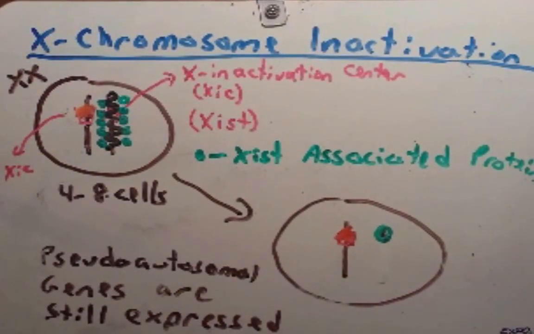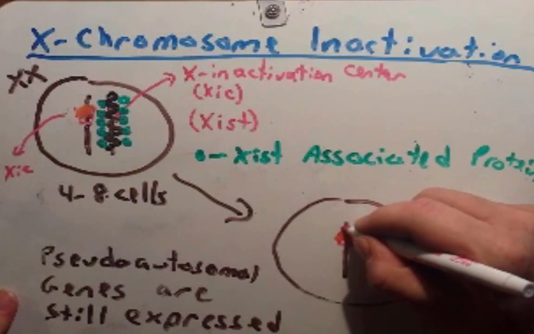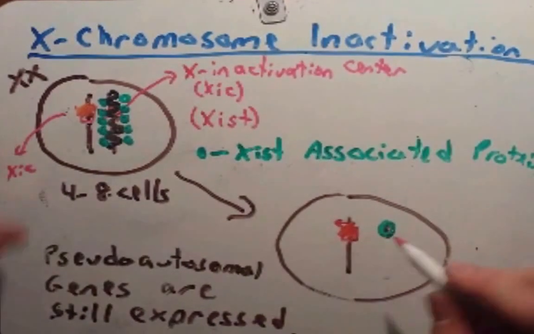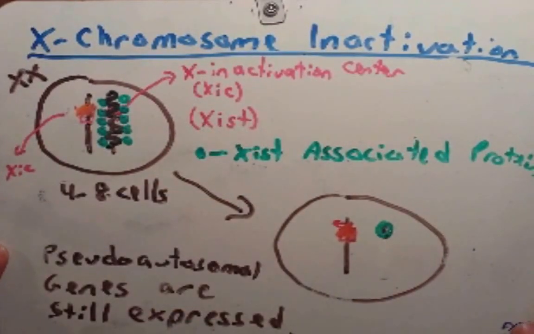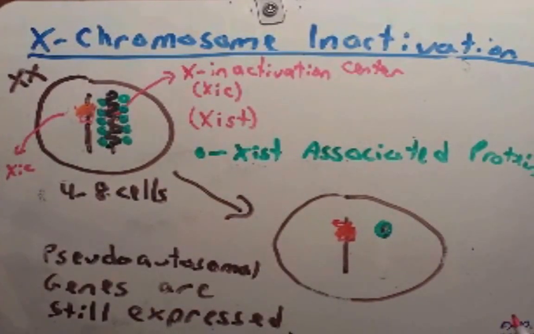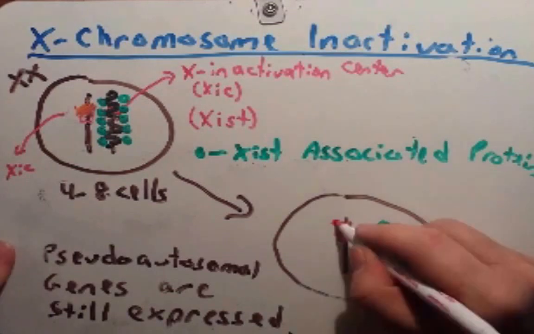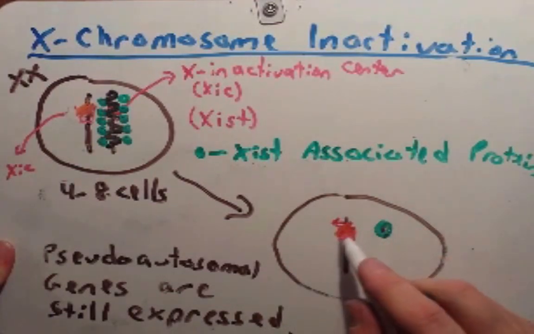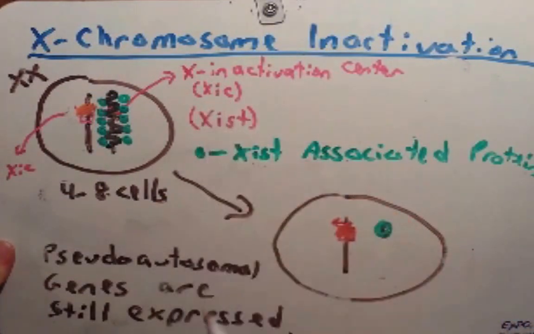Now, as a question here, and maybe this will be part of the questions in class, I said we don't really know how this is inactivated, but we have some hints and some ideas. And so what we've learned about other things in this semester, what do you think is going to inactivate this XIC region so that the XIST genes aren't expressed?